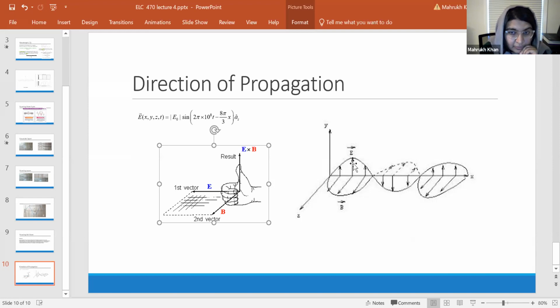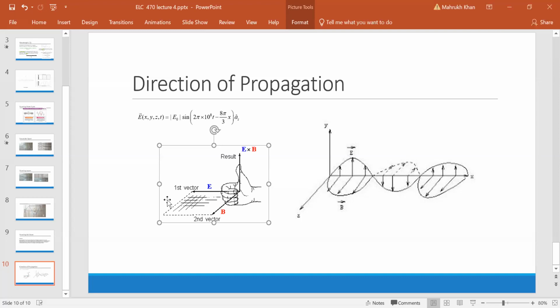So that shows the direction of the electric field at that instant, but the direction of propagation is different. Are we clear about this? Yes, this is clear.